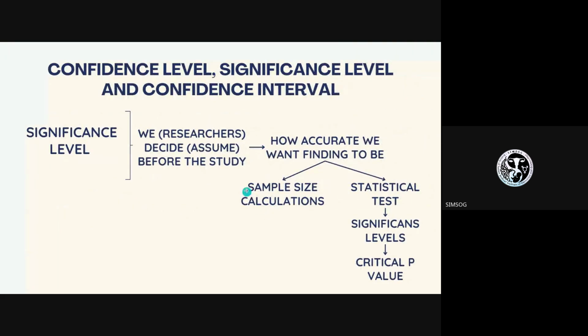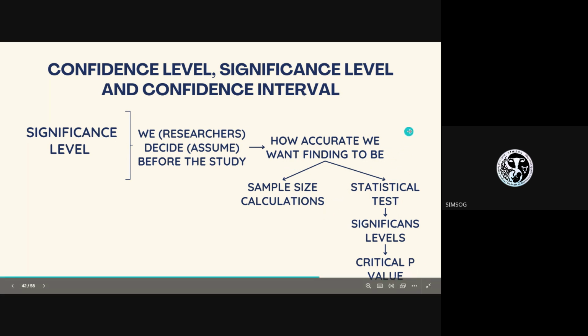So a significance level is what we researchers decide or assume, that is, how accurate we want a finding to be. So your alpha and your beta are related to your significance level, more so beta.